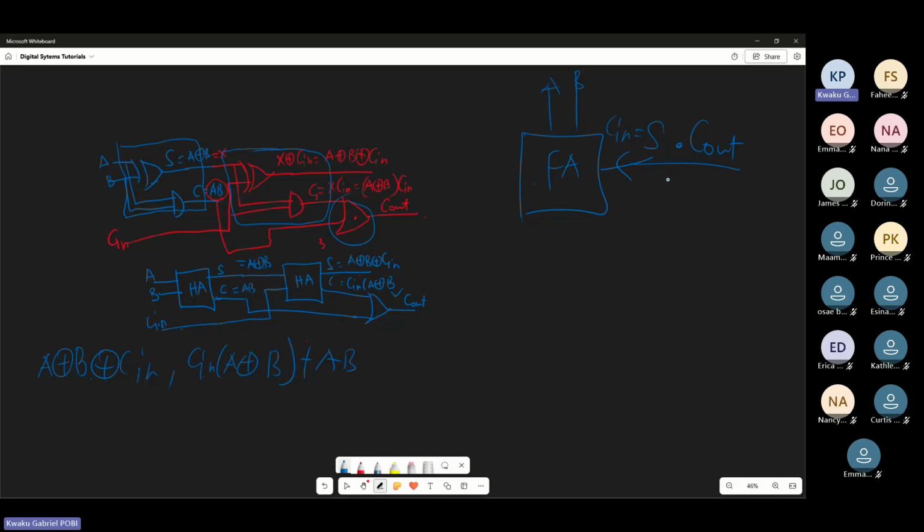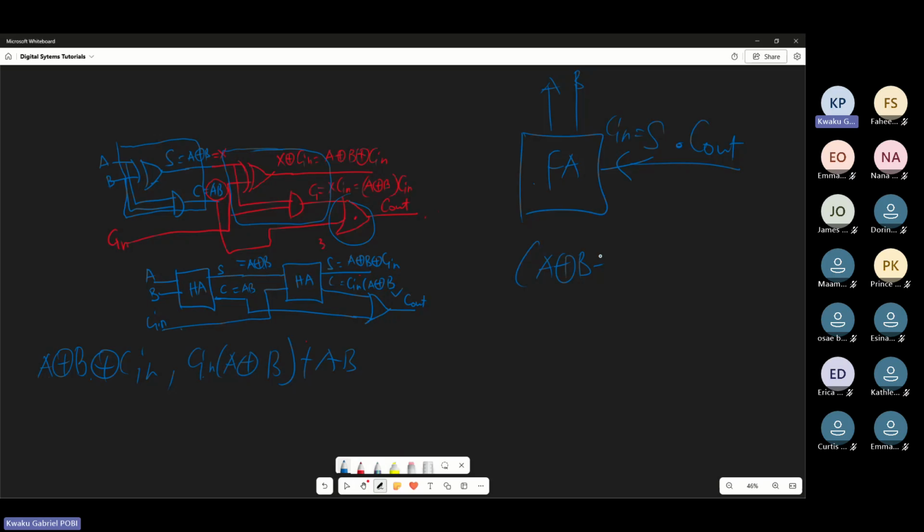Here, let's say your sum is A XOR B XOR C. And then your carry was A XOR B, let me make square brackets, times C plus AB, like this. This is your whole C in. So your whole C in is this.